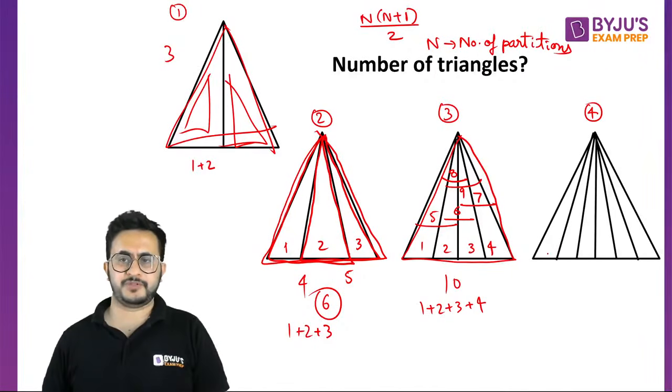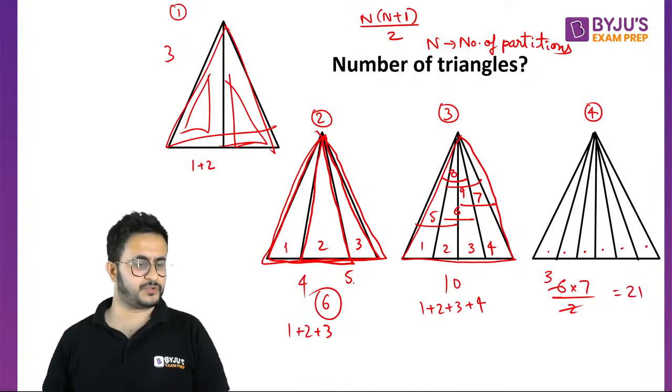Now if you see 1, 2, 3, 4, 5, 6, there are 6 partitions. So the number of triangles will be 6 into 7 by 2, that is 21 triangles. So you are not supposed to count them. In this case we could still count, but as the number grows you need to use this concept. So the number of triangles is n into n plus 1 by 2, where n is the number of partitions.